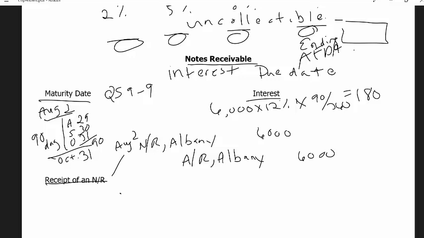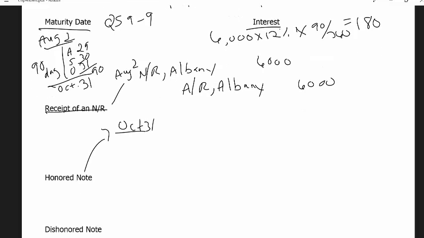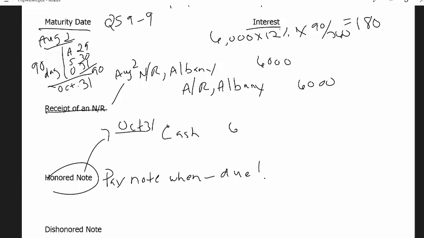And then on October the 31st, when the customer pays the note, that's considered honoring the note. So when a customer honors the note, they pay the note when it becomes due. Then I would receive cash of $6,180.